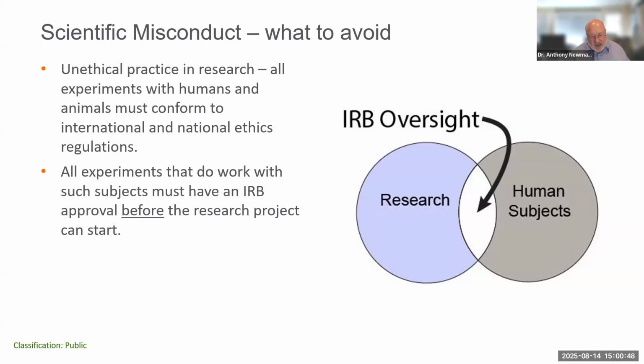And if you don't have the IRB approval, Institutional Review Board, then you shouldn't even start the research project. There have been some cases in some countries where they were not used to getting ethics approval before they started the research project, and that's gone rather badly wrong, as it were.